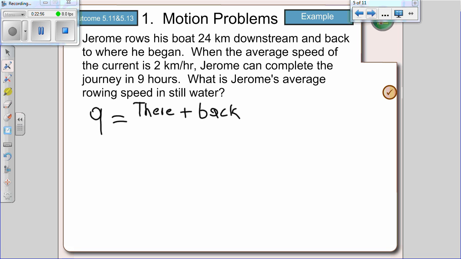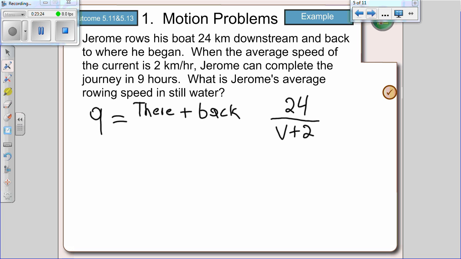To figure out how long it took to get there, you need the distance divided by the speed. The distance was 24 kilometers. The speed on the way there was v plus 2 kilometers an hour since he's going downstream. So that current is pushing him a little faster than he's actually rowing.